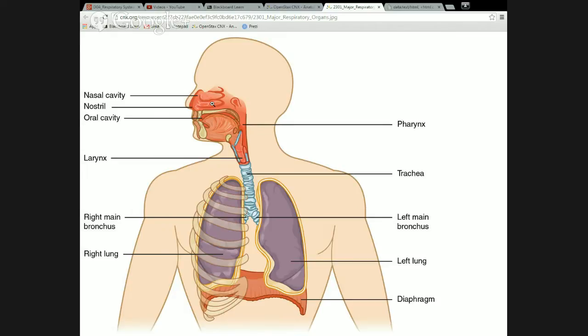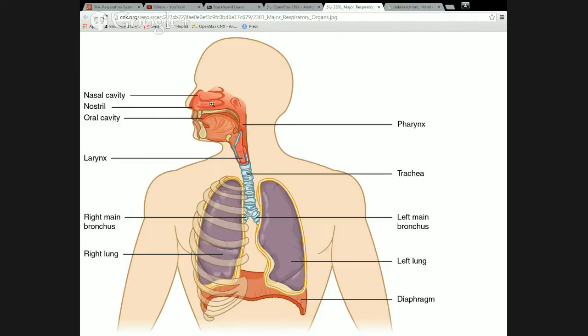Those structures are little protrusions or wings of bone sticking out from the lateral wall with little grooves in between them. The bony structures sticking out are called conchae. Concha is singular, conchae with an E on the end is plural. There's the superior concha, the middle concha, and the inferior concha.